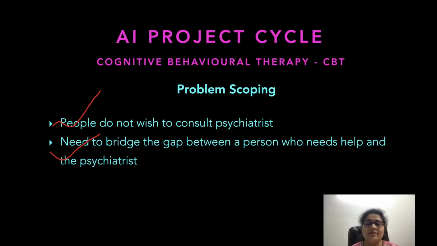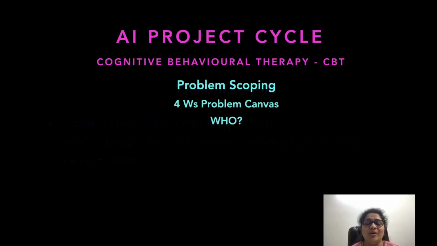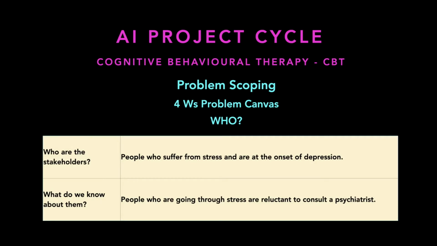Right? So let us discuss the first W. What is that? I hope you remember. Who, right? So the 4 W's problem canvas, the first W is who. In our case, who are the stakeholders?